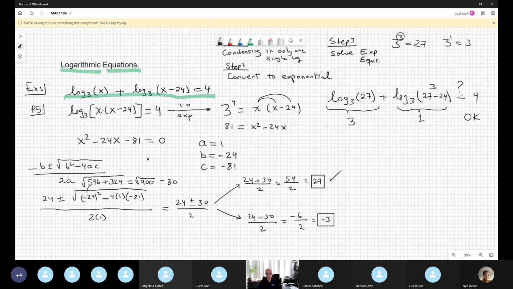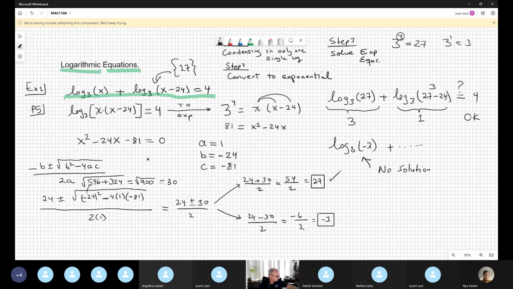However, the other one doesn't, because it's negative 3. When you put negative 3 here, wow, undefined. Negative 3, undefined, plus, I don't finish writing the rest. I see negative, no solution. So the only solution that we have in this equation is 27. Do you understand very well, guys?